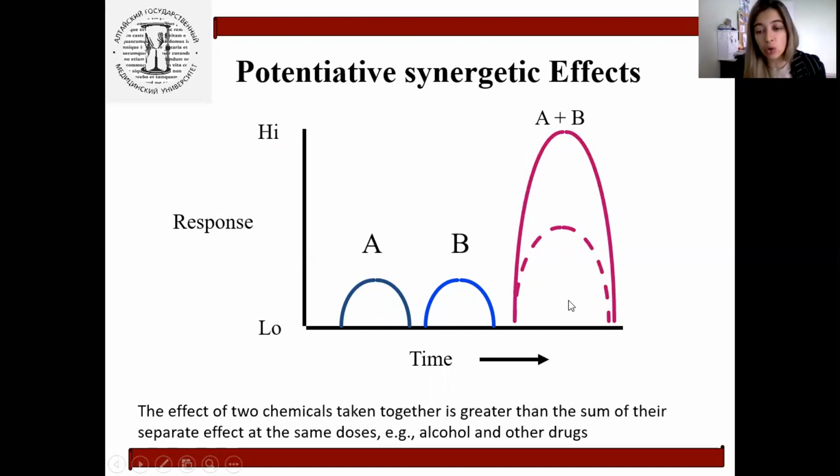An example can be alcohol and other drugs affecting the CNS. If you are taking some sedative drugs separately or alcohol separately, it can be not very dangerous. But if you mix a sedative drug with alcohol, your CNS can stop.